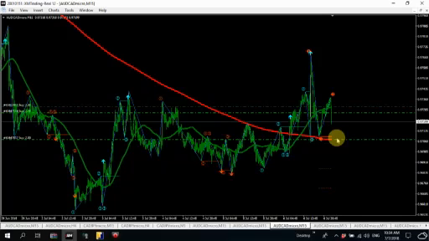Okay, and one secret about it is that the price will never go far away from it, because the farther the price goes, the price will come back to that moving average. Moving average will lag, but the price respects the moving average. The price will come back to the moving average.